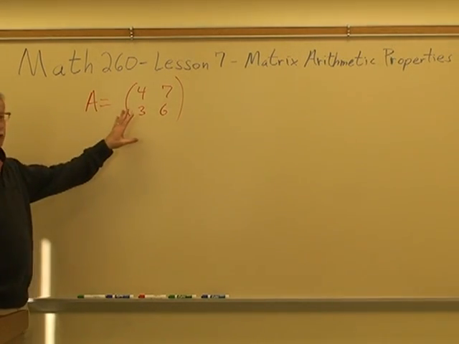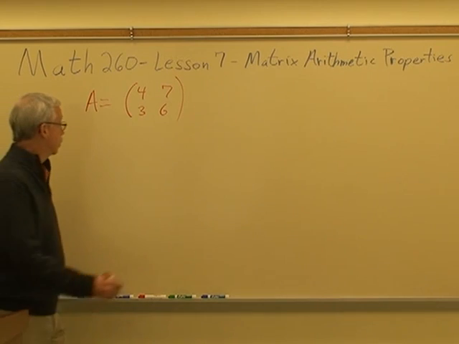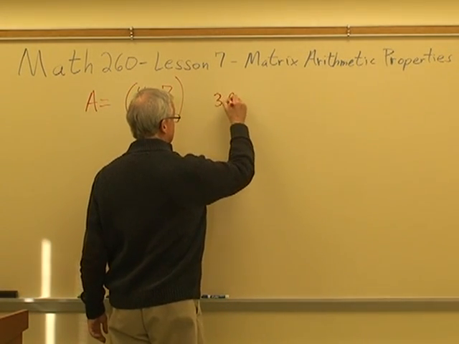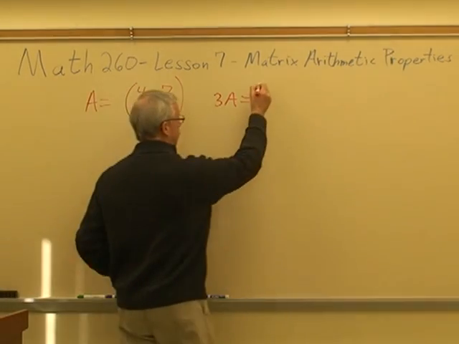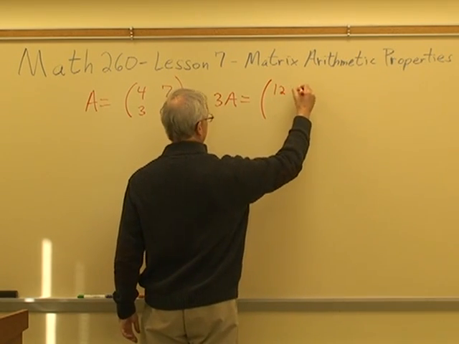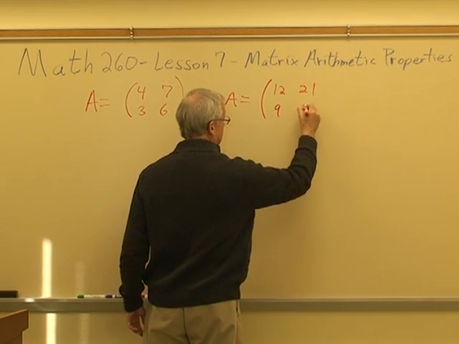If I multiply this matrix by a constant, it multiplies every element, just like vectors. So if I take 3A, I simply multiply each element by 3: 3 times 4 is 12, 3 times 7 is 21, 3 times 3 is 9, and 3 times 6 is 18.